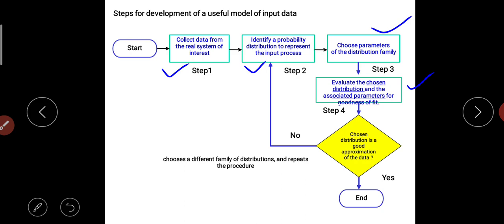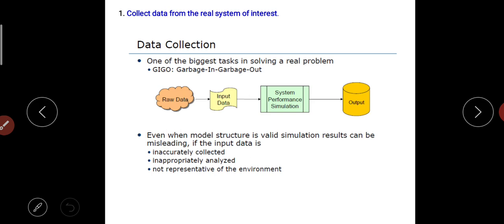If the chosen parameter and selected distribution is satisfying, or if it is a good approximation of the data, then we will end up with the selected distribution family. Otherwise, we will repeat step 2 by selecting a different family of the distribution and appropriate parameter estimator. So we will see each and every step one by one.